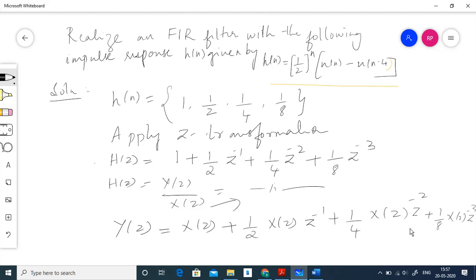Now for this particular equation, I'll apply inverse Z transformation on it.